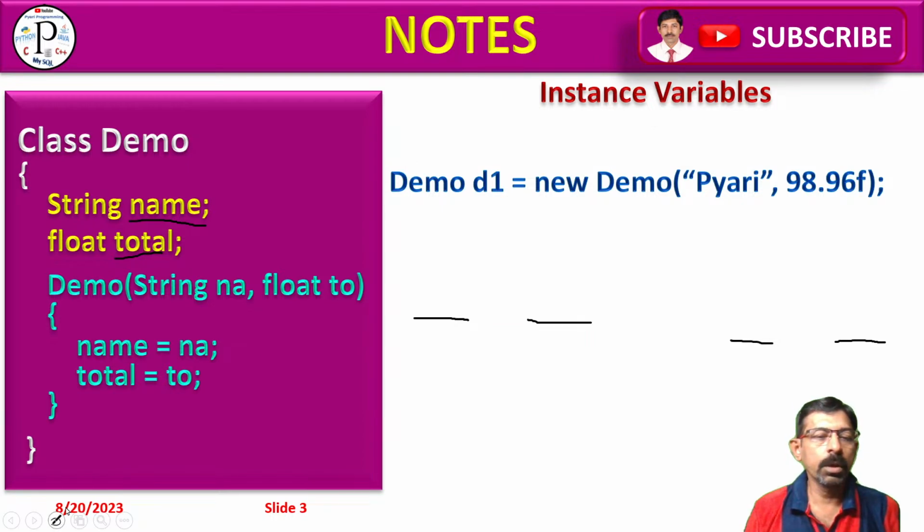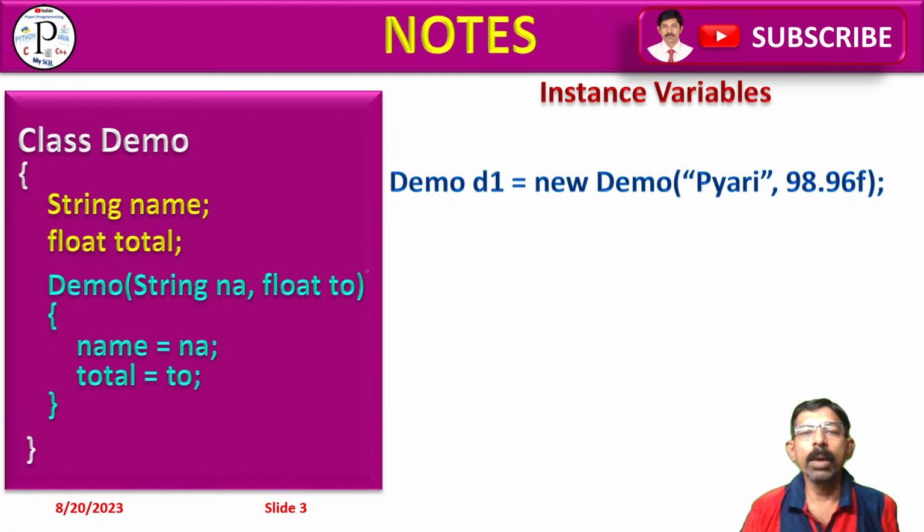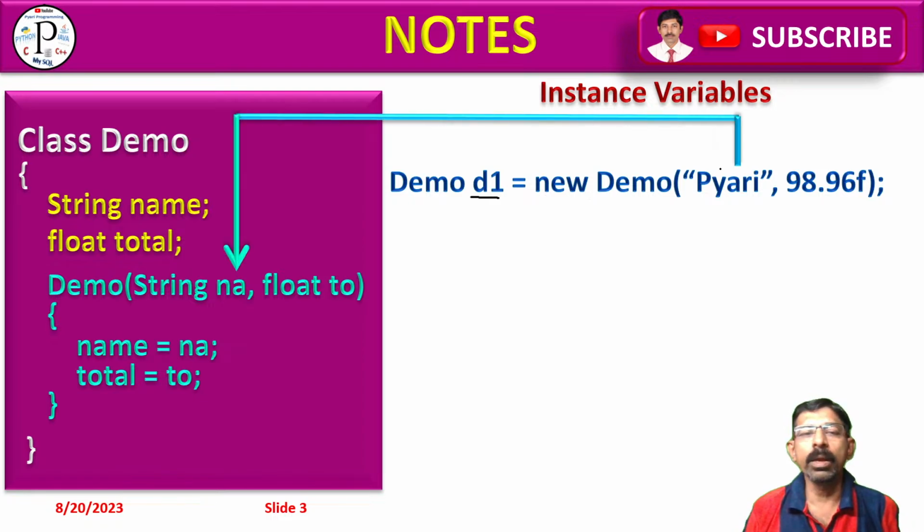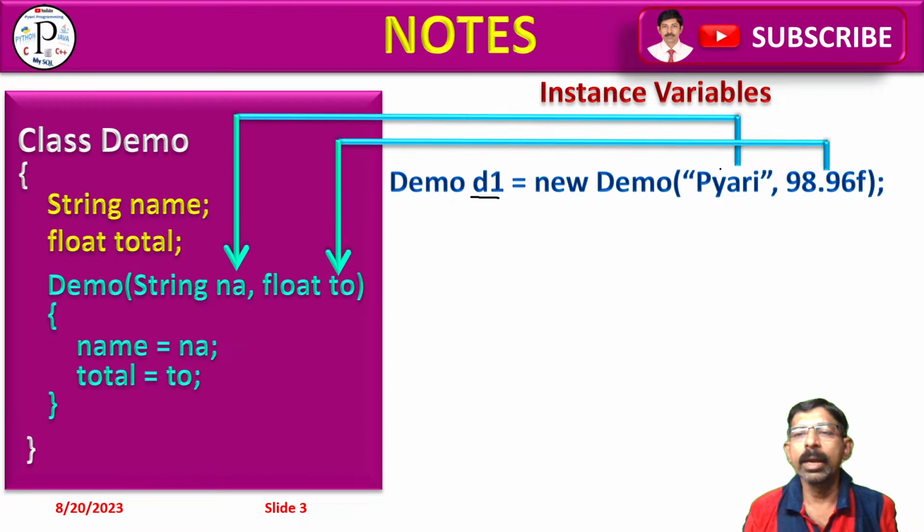I'm clearing everything. When I'm creating an object called D1 and I'm passing Pyari, what exactly is happening? It is passing this constant value Pyari to NA and 98.96 to TO. What exactly are these variables doing? These variables are providing their values to name and to total.